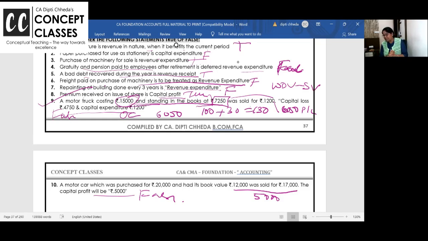Motor car is purchased. It is sold at a loss. So capital receipt is this: 17,000. This is a capital receipt. But this loss, sorry, profit. Okay. I really missed out. Sorry. This will come as true. I missed it. Listen, all of you. I will explain. No problem.